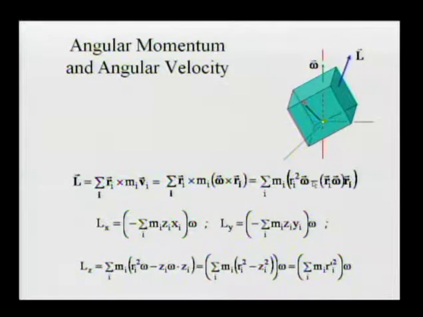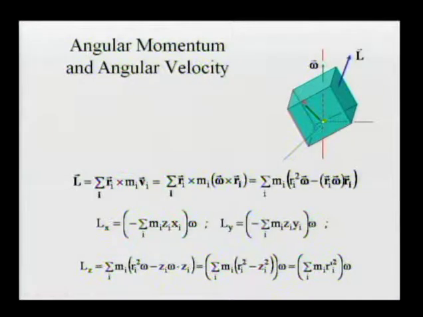All right, and here is the entire derivation for it. The z component of angular velocity is this number omega. Now here I have to square vector Ri.